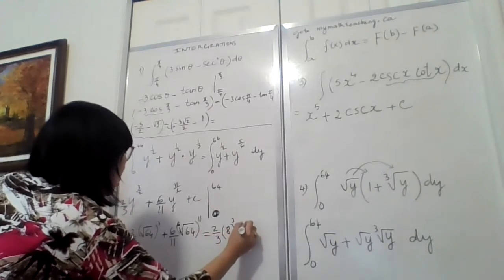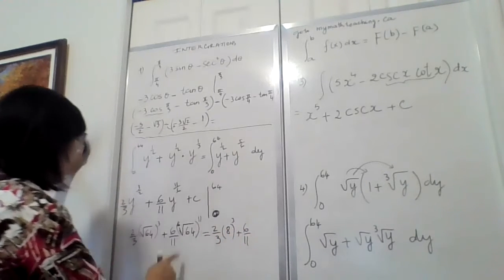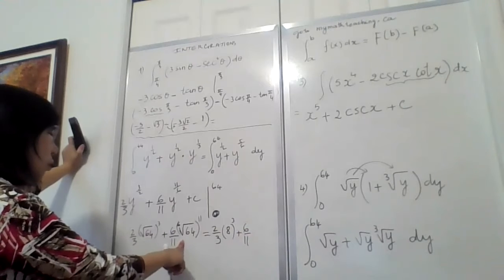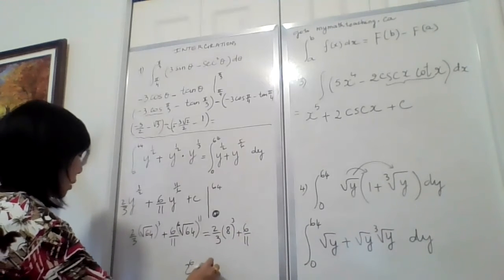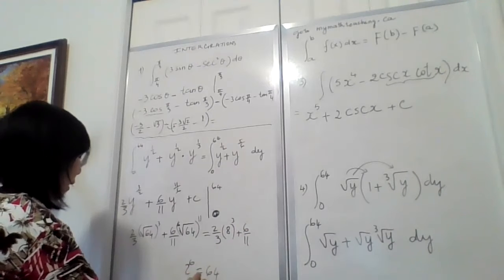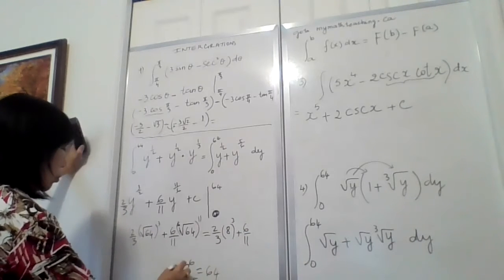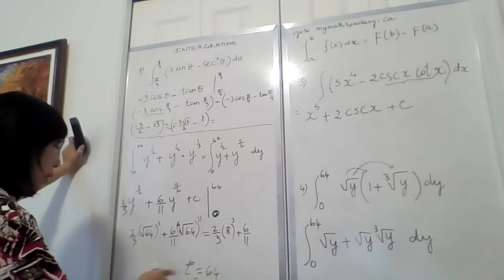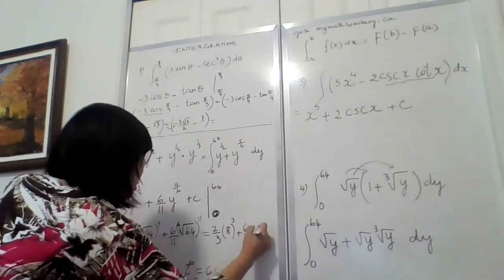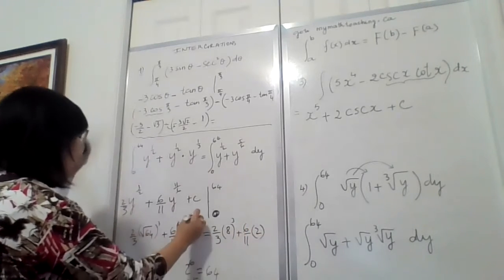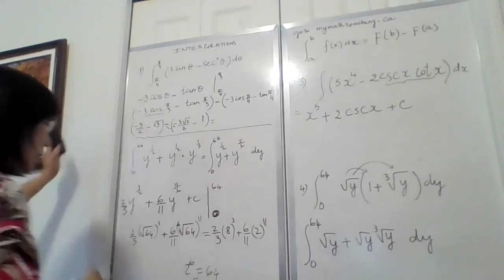Adding 6/11. The 6th root of 64 is 2 because 2 to the power 6 equals 64. 2 to the power 5 equals 32. So 2 to the power 6 is 64. Take the root, go back to the base, which is 2. So this number is 2 and power 11.